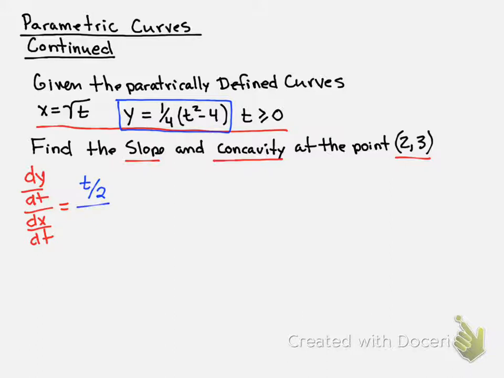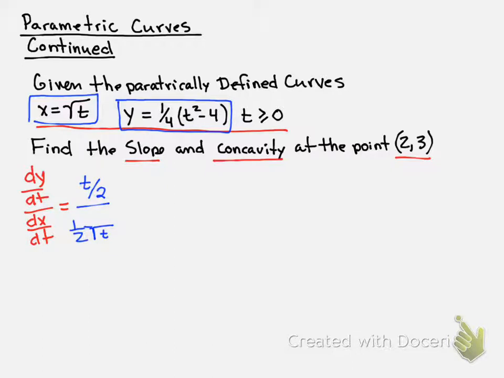And the denominator will be the derivative of the x equation. So we'll have 1/2. The derivative of t to the 1/2 will be t to the negative 1/2. So that t is going to show up in the denominator. That's square root of t.